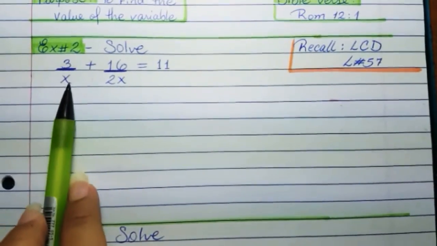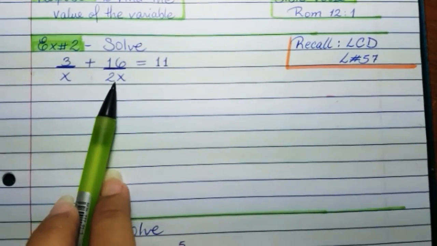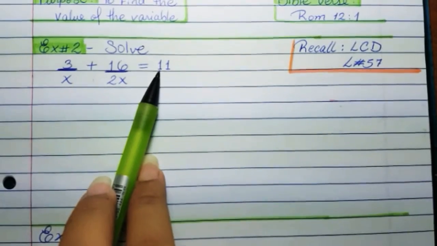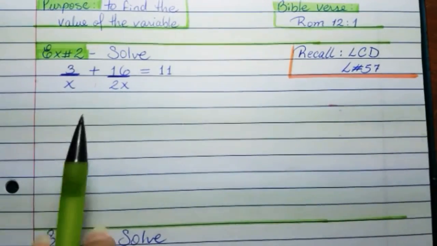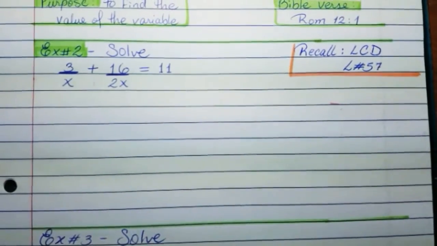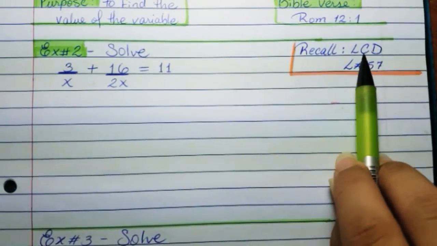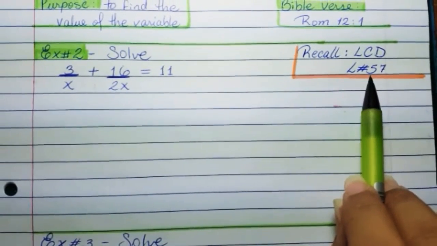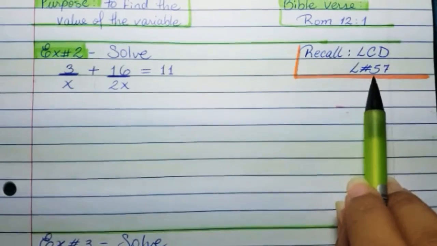It says 3 over x plus 16 over 2x, all of that added, equals 11. Since we do not have a fraction equals a fraction, we cannot use cross multiplication. We're going to use the least common denominator learned in lesson number 57.